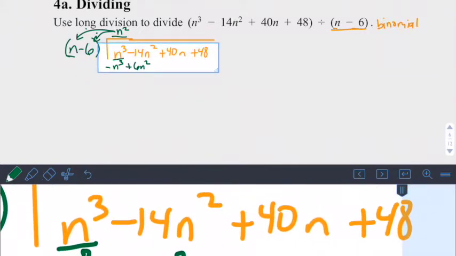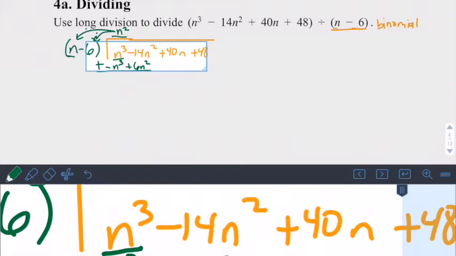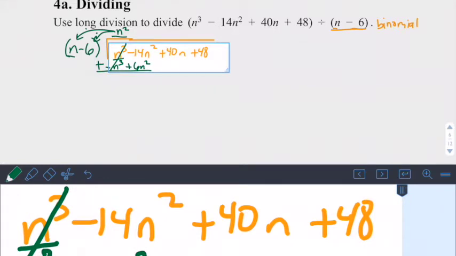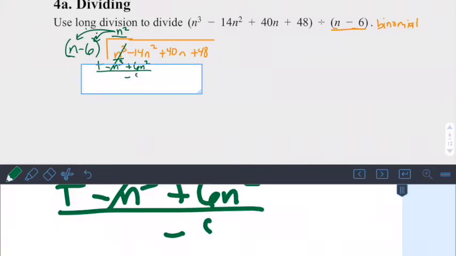And now I can combine like terms. So n cubed minus n cubed is 0n cubed, cancels. And then we've got negative 14n squared plus 6n squared gives us a grand total of negative 8n squared.